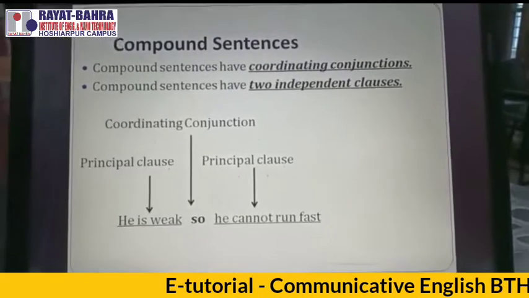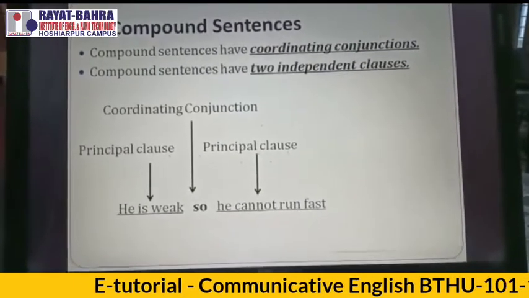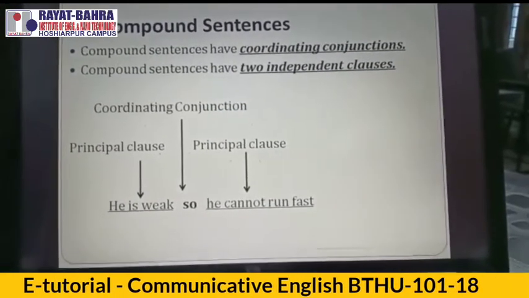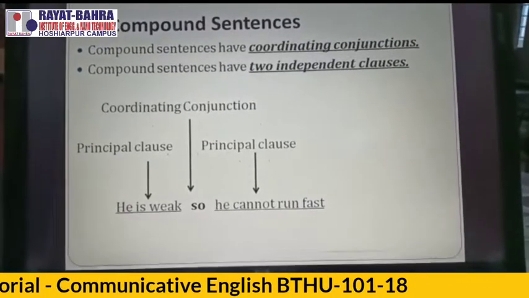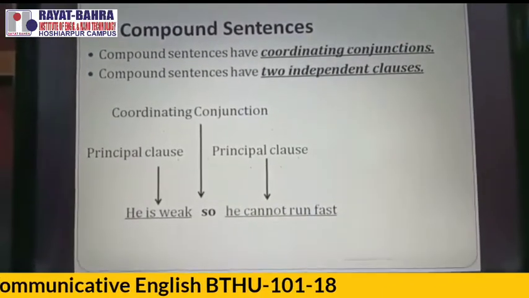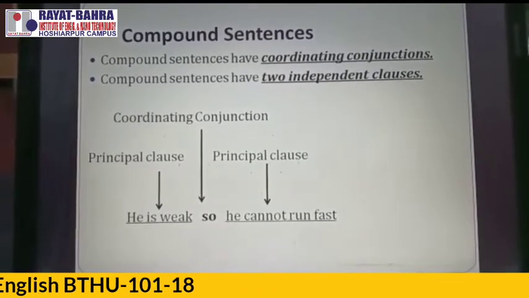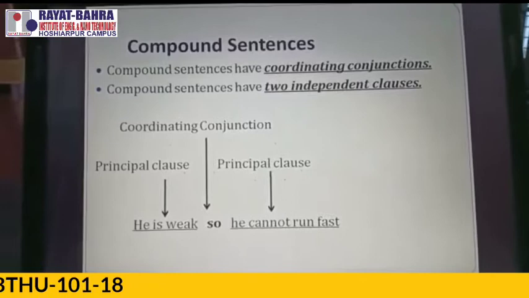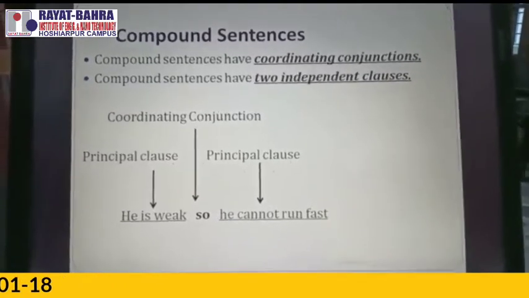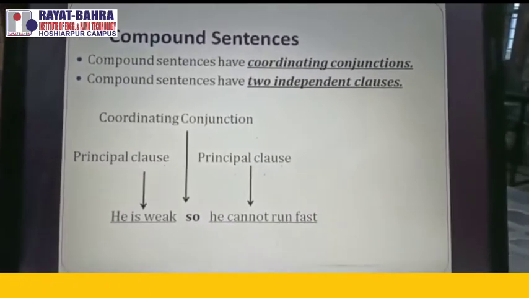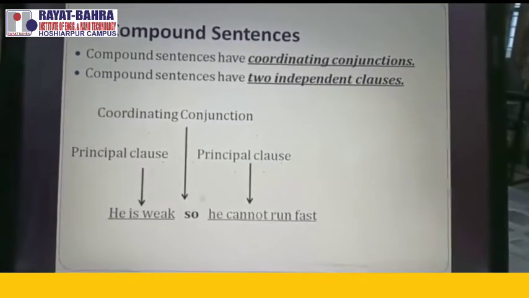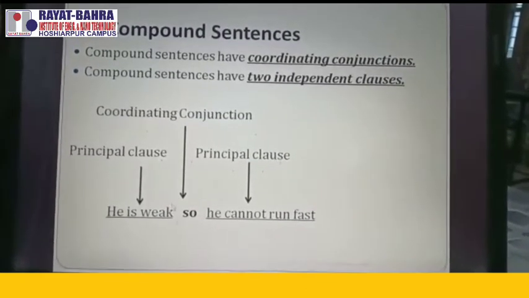Now you see the example given over here. He is weak. Another is he cannot run fast. Both these sentences are complete in their thought. Both are independent, so they are principal clauses. Now these two independent clauses have been joined together by this particular word. This is so.